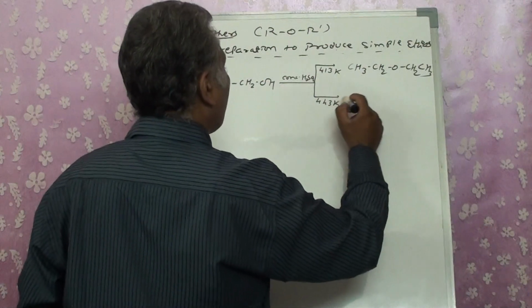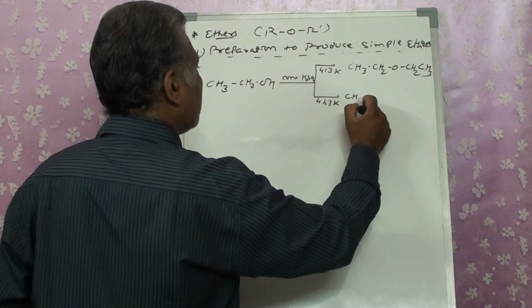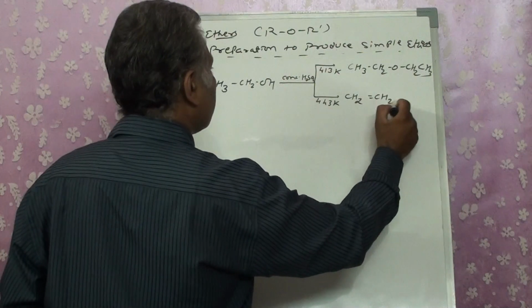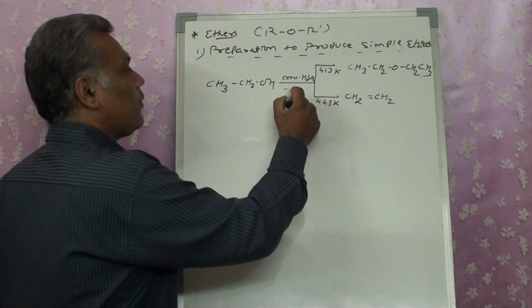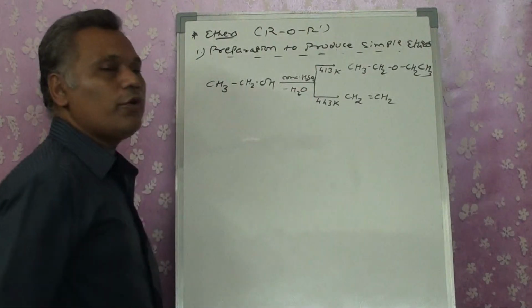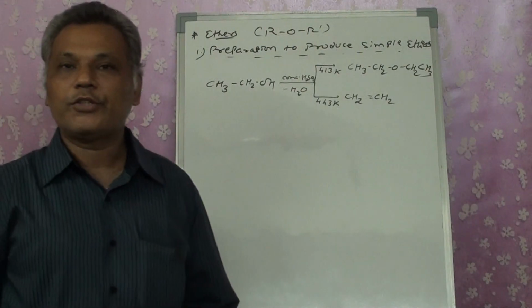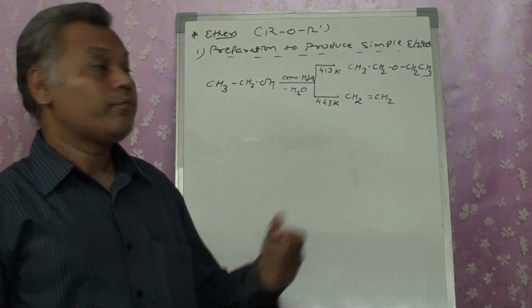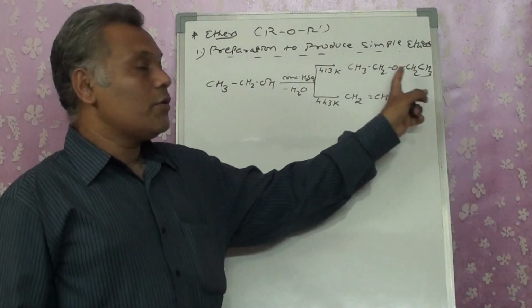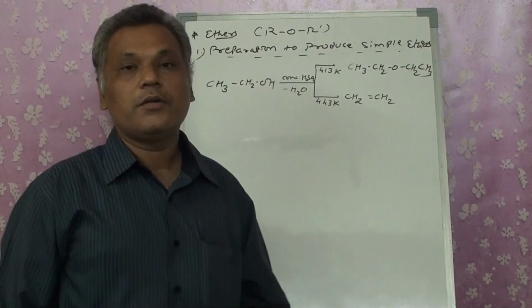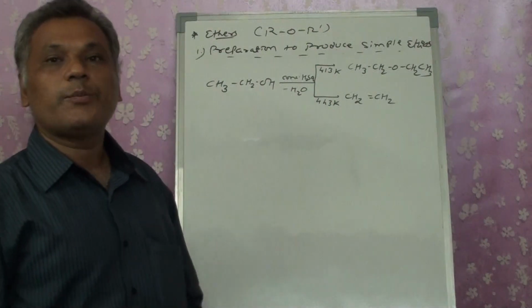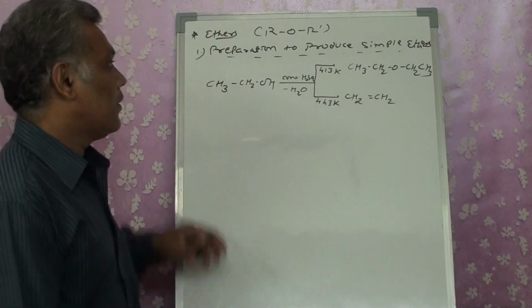At 443 Kelvin, the product we get is CH2=CH2. That means in both reactions, the byproduct given out is H2O only. But at 413, two different molecules combine together to give out the H2O. Over here, we get H2O as in beta elimination, right?